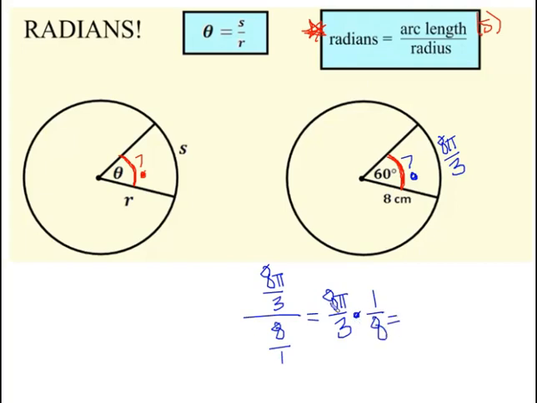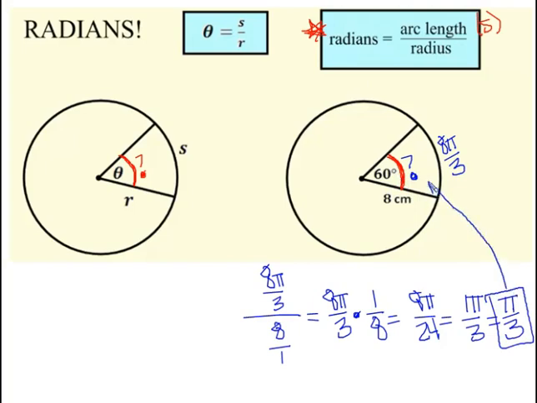When we multiply fractions, we can go straight across. We get 8 pi over 24. But when we simplify 8 over 24, we get 1 pi over 3, or in other words, just pi over 3. So 60 degrees in terms of a radian is pi over 3.